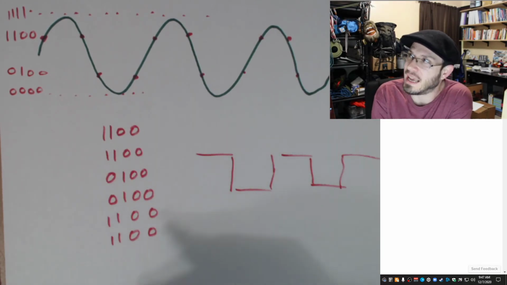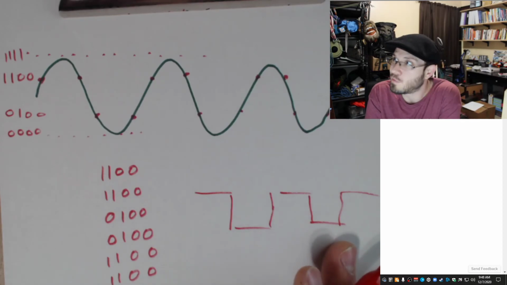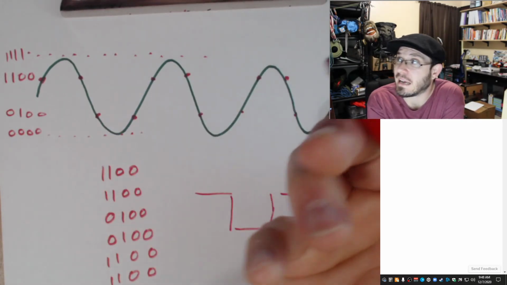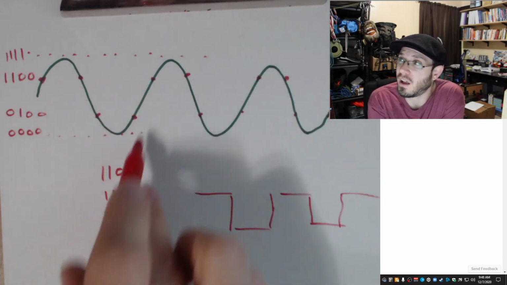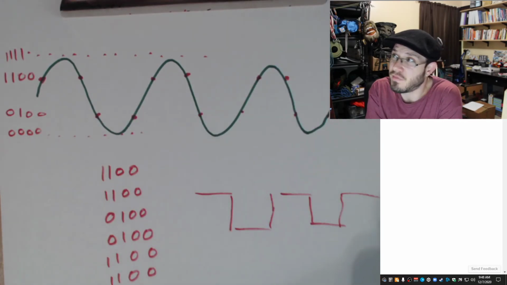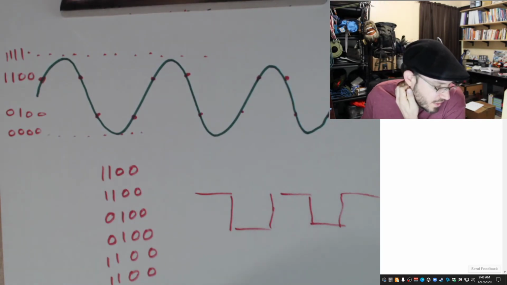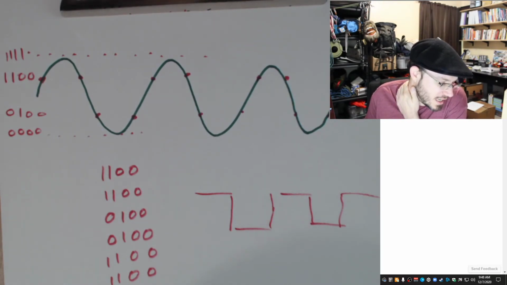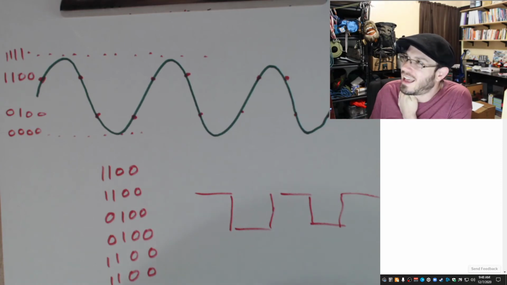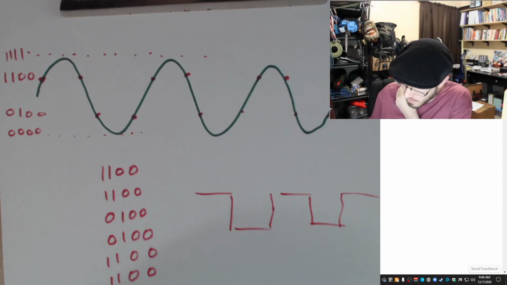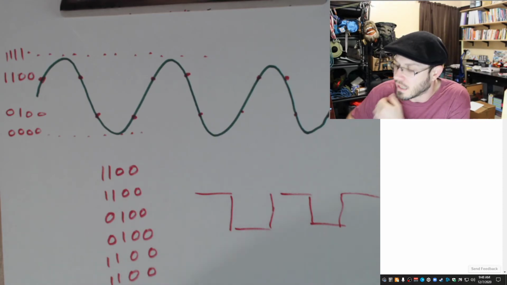So quantization or digitization of a waveform is prone to losing data for sure, but also to not faithfully recreating your original sine wave. There are lots of issues associated with this, and this is a big area of conversation in computing.